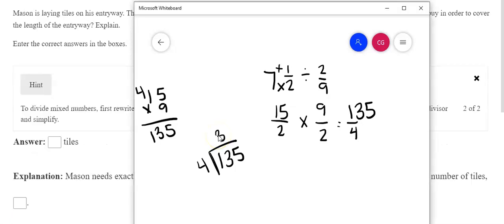Okay, 4 times 3 is 12. 4 goes into 13 3 times, because that is 12. So I get 33 and 3/4.